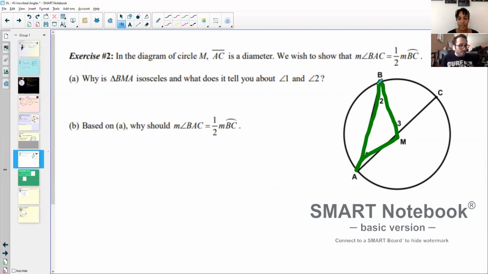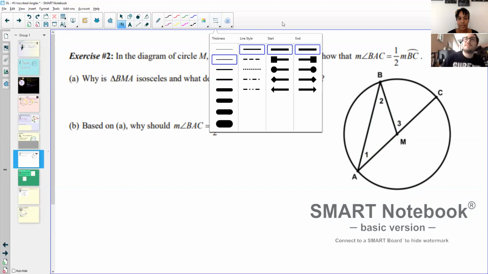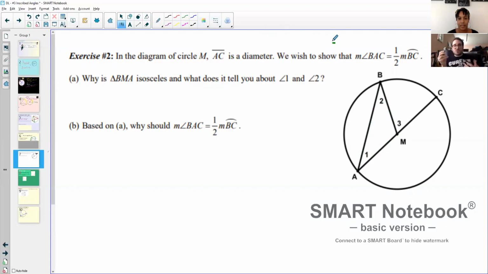It's because BM and MA are both radii, so they have the same value. Yes, thank you so much. The radii of a circle are all the same, so their lengths are the same. That means BM and AM are congruent, and when at least two sides of a triangle are congruent, it's an isosceles triangle.